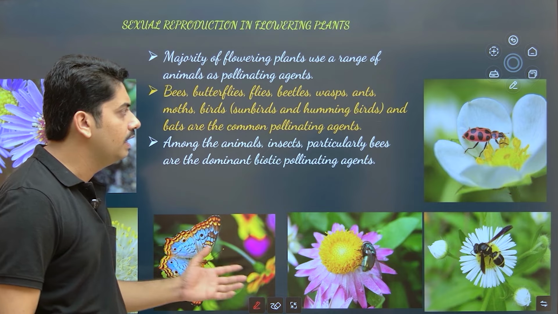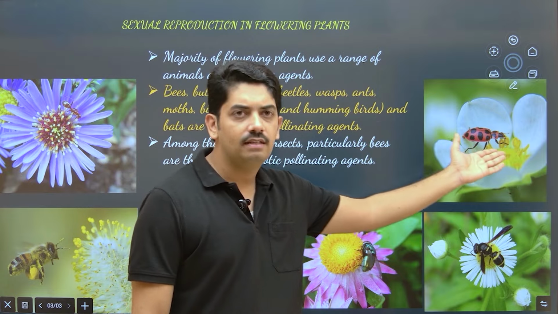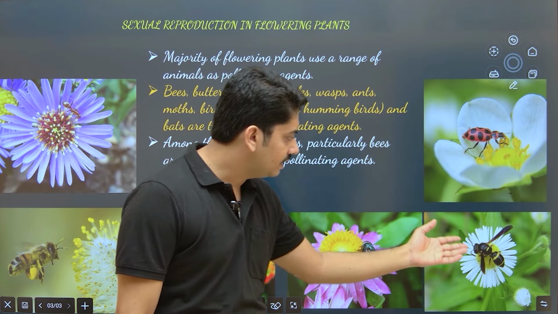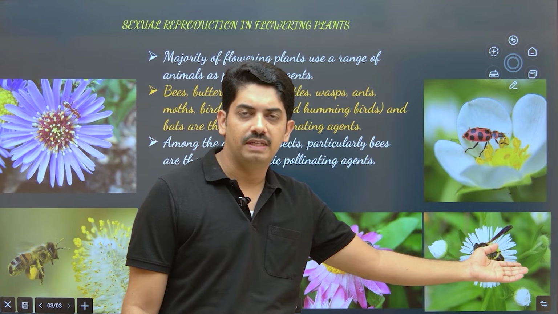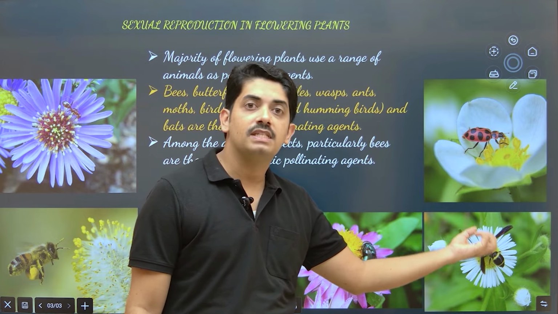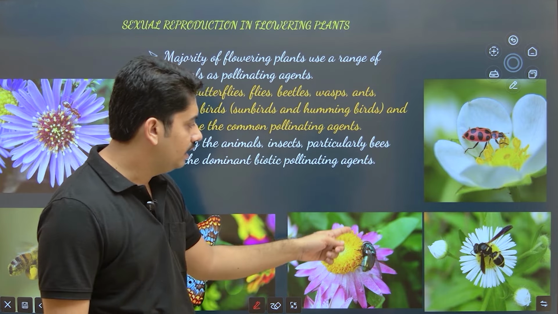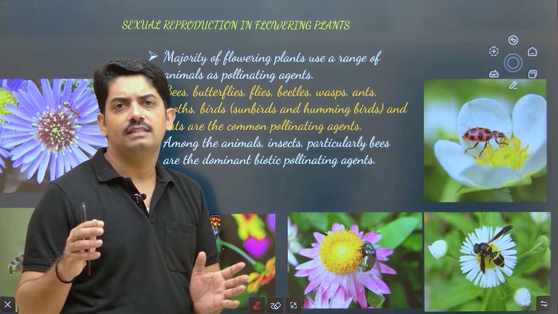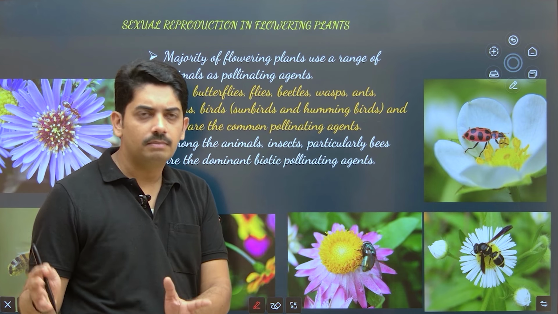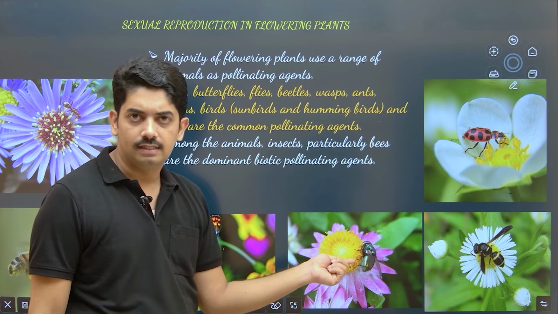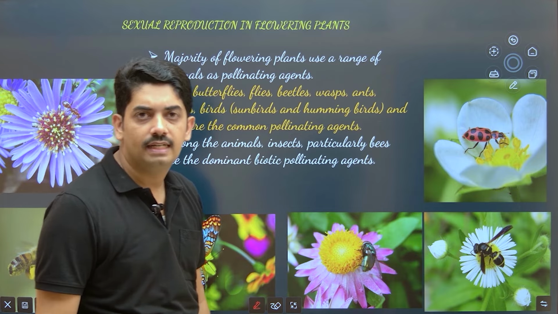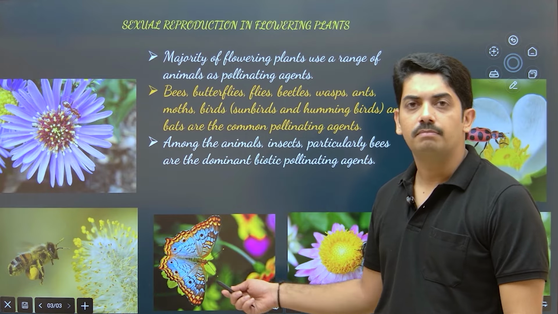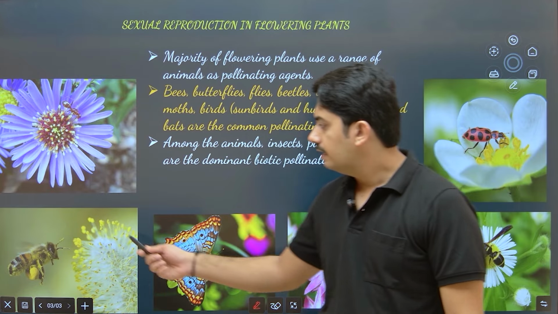Just observe, here I included a slide where one beetle is pollinating the flower. Here there is one more picture where a wasp is pollinating the flower. Here is a fly. Wherever there is dirty material or fecal material, you observe these flies. These flies also sometimes undertake pollination. Here you can see a beautiful butterfly pollinating. Here, honeybees.